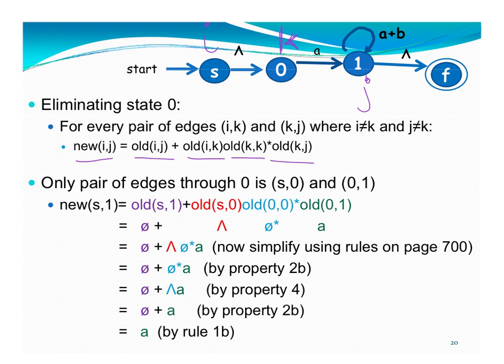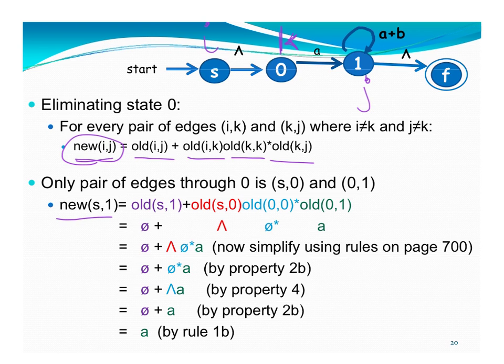So in this case, since I is s and j is 1, the new path from s to 1, that's the same as the new ij, equals, and now I'm just translating. Old ij means old s1. Old ik, old s0, and so on. Old kk is the old 0, 0. Old kj is the old 0, 1. Right?